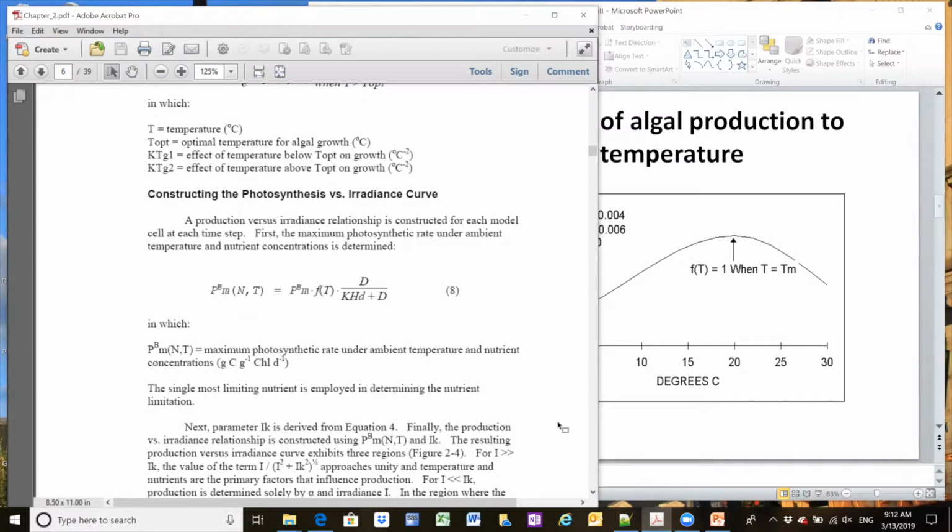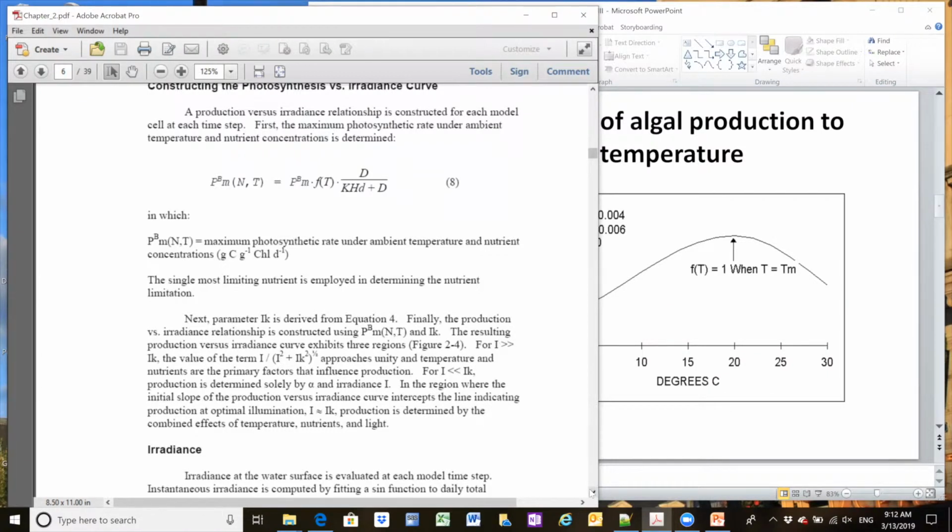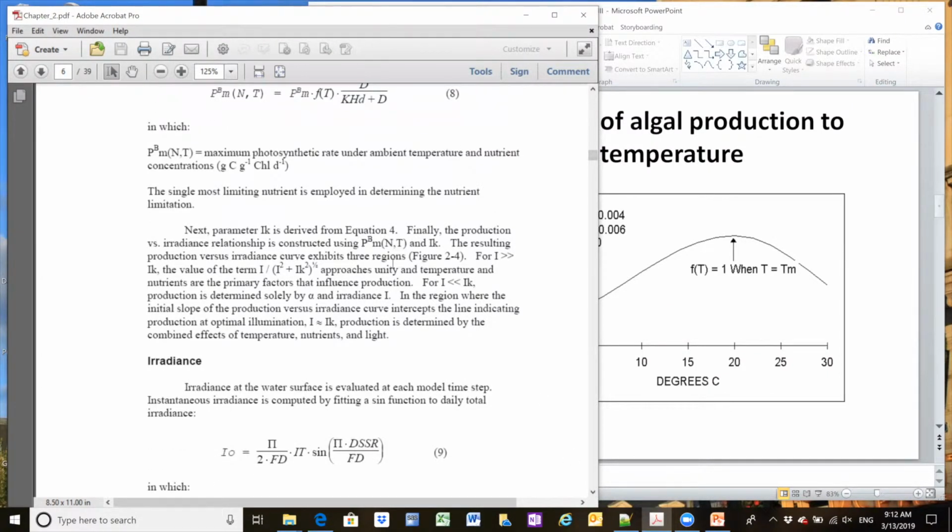And then we construct that P versus I curve. Effectively, every model time step, we say, what are the temperature and the nutrients? What's the maximum growth rate that is possible for that temperature and those nutrients? And then we say, now what about light? So then we reduce it according to light. Every model time step, we create a P versus I curve. Then we have the irradiance, and away we go.